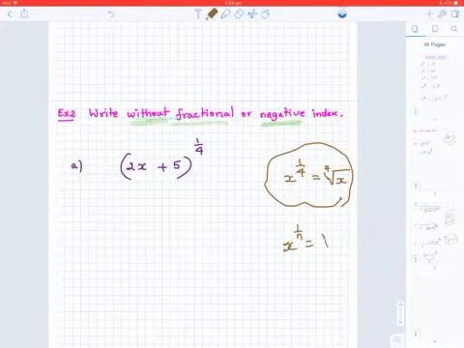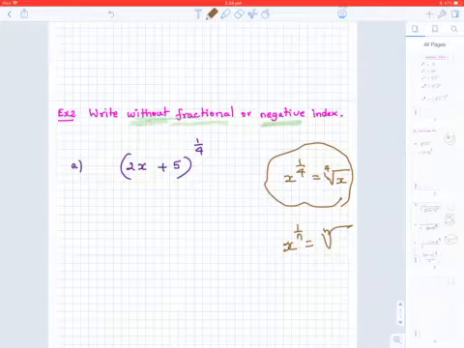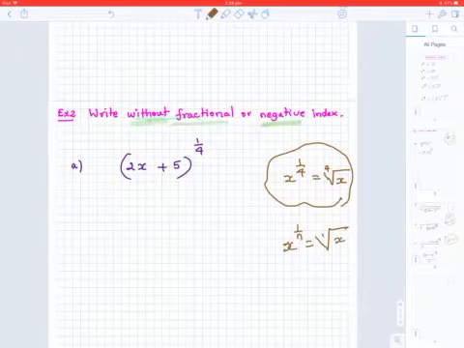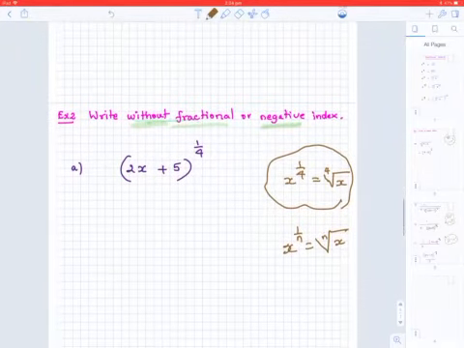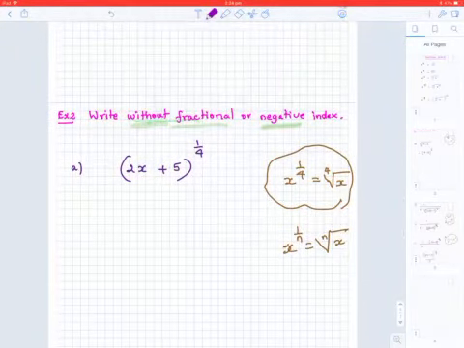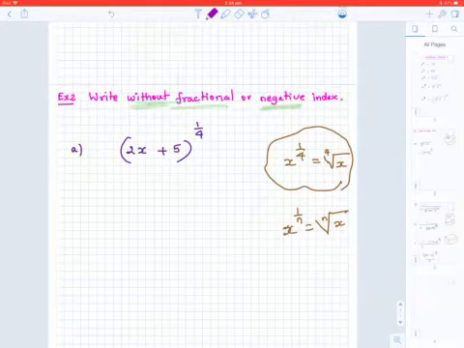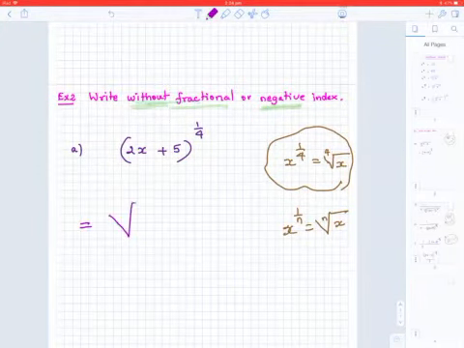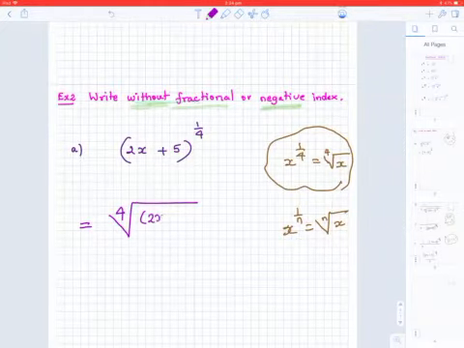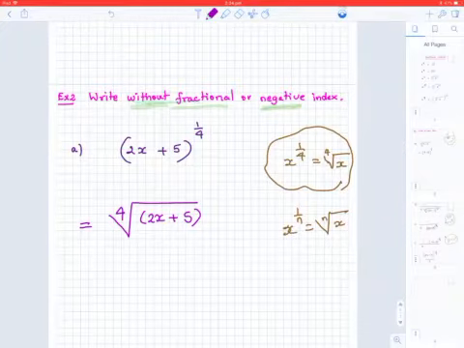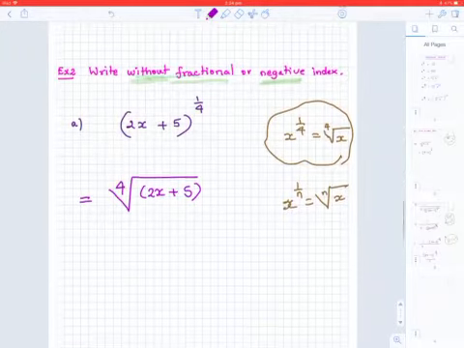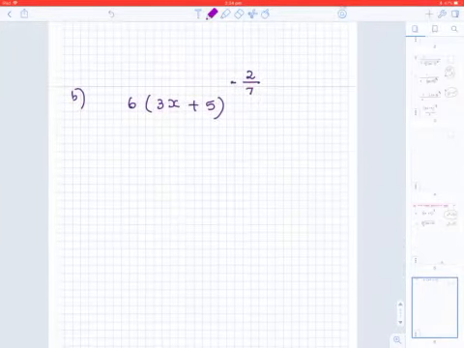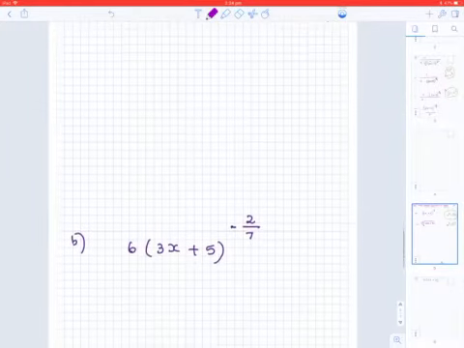Using that result, now the question here can be written as 2x plus 5 to the power quarter becomes fourth root of 2x plus 5. Okay, so fourth root of 2x plus 5. Now my answer doesn't have a fraction or negative index, so therefore it's done.